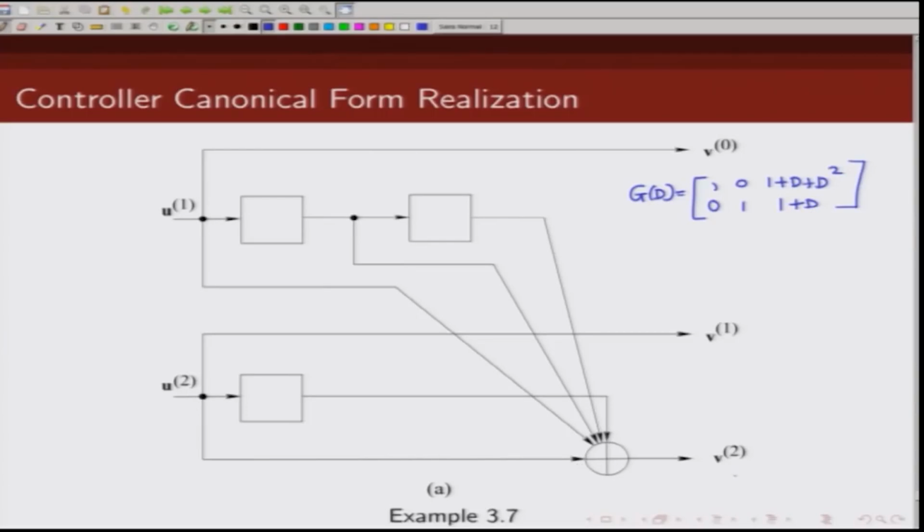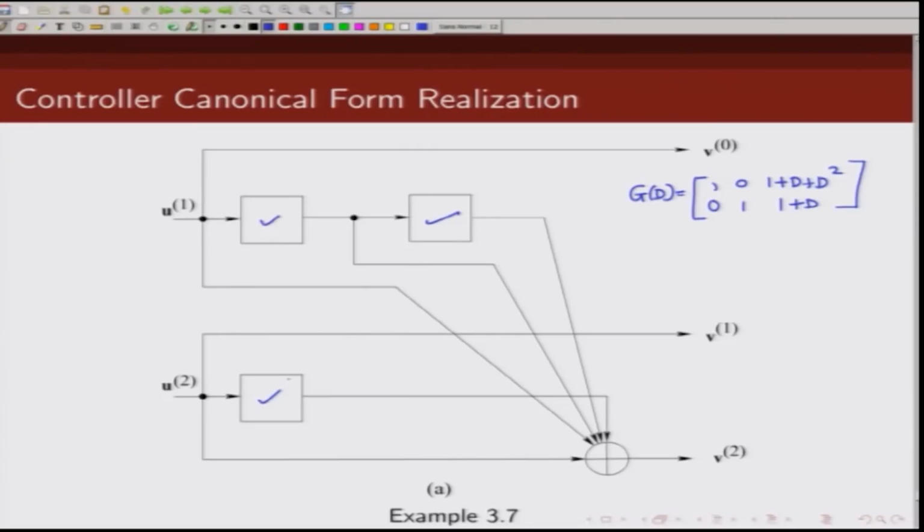So, this will be my third coded bit. So, you can see, to realize this generator matrix, we require a total of 3 memory elements, 1, 2 and 3.